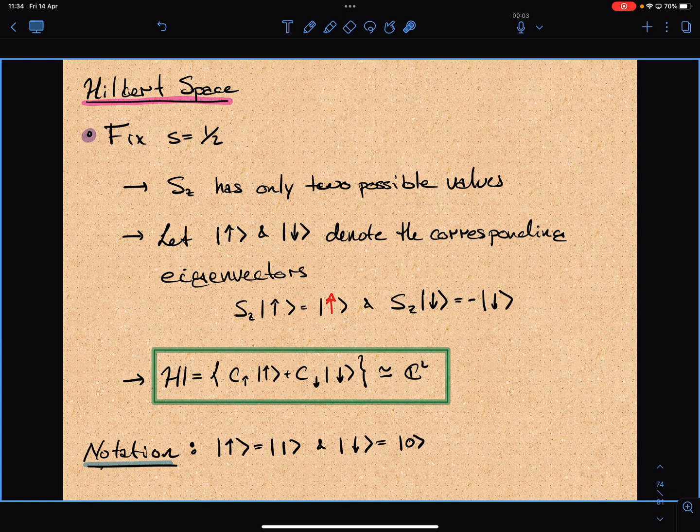So this is going to be a particular basis that we can work on for the Hilbert space. Our Hilbert space for a one spin particle is just going to be a linear combination of upspin and downspin, in the c direction.